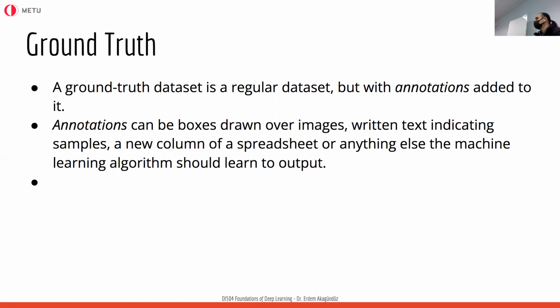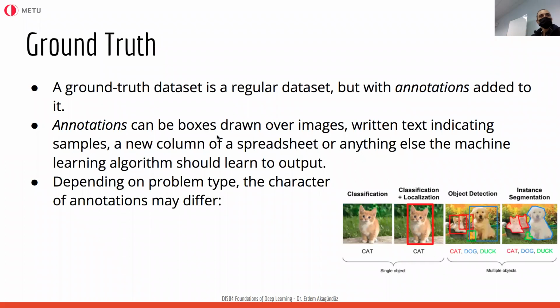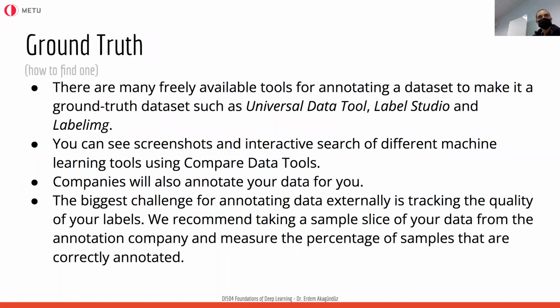So I'm going to give you some fundamental loss functions appropriate for a specific problem, because they are the most used loss functions. I'm just going to take them off the shelf and give them to you, but I'm going to explain why. Depending on the problem type, the character of annotations may differ, just like I said.